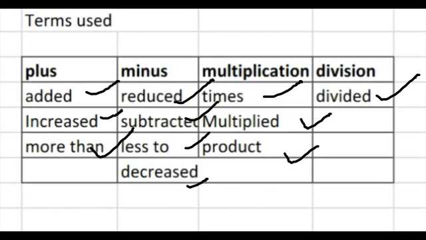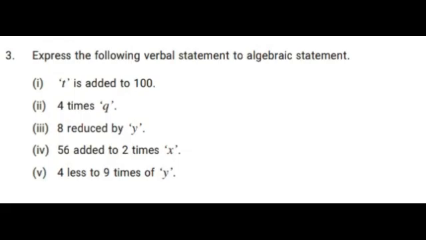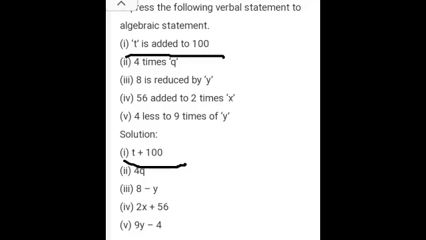Okay. Now we'll move to exercise 2.2. Question number 3. Express the following verbal statement as an algebraic statement. Whatever is given, that only is called a verbal statement. Now we are going to write it in terms of algebraic expressions. The first one, t is added to 100.